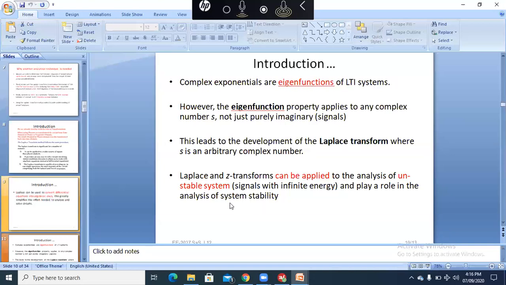The system stability is taken into account by considering the poles and zeros of the system, and that is taken into account by the Laplace and Z transform methods.